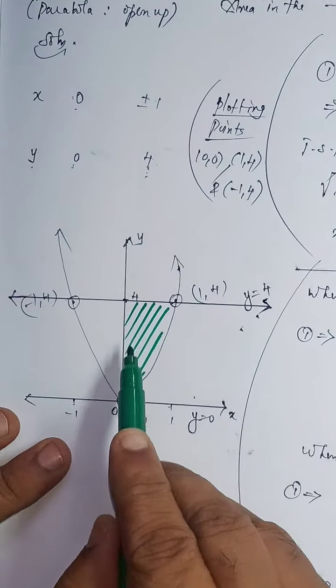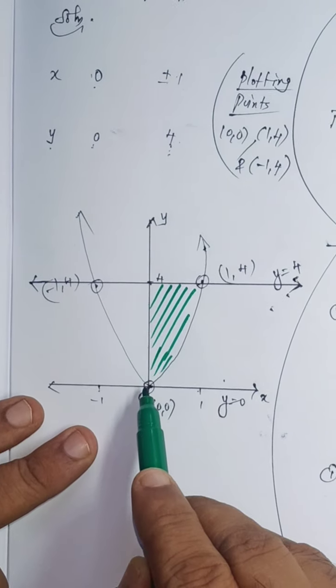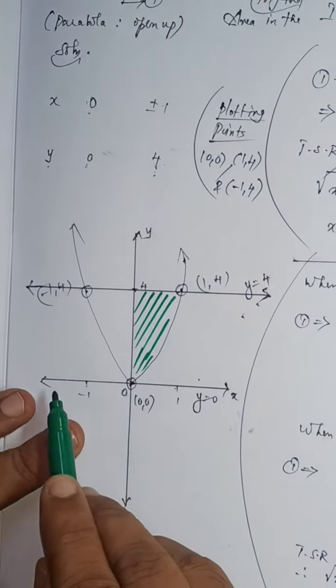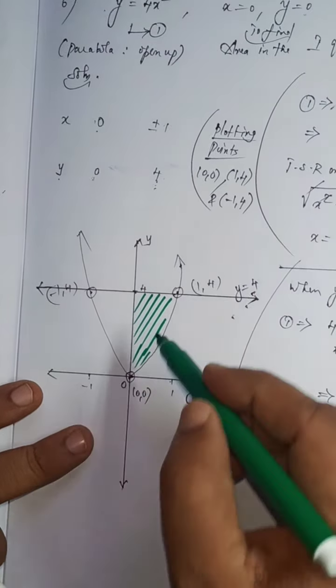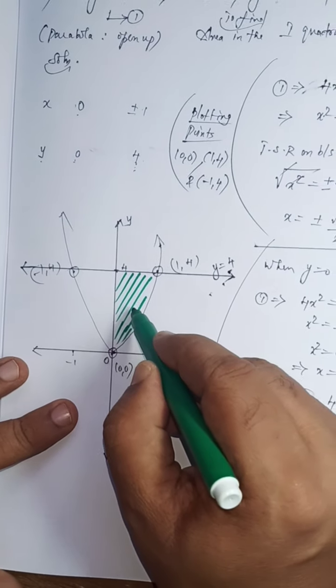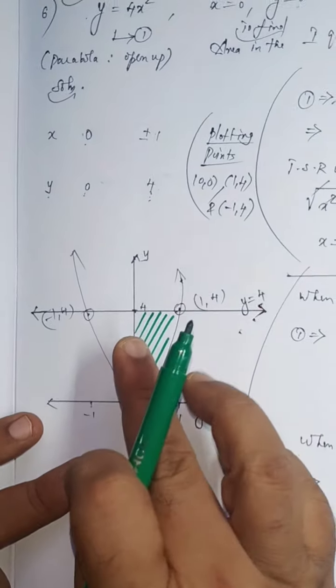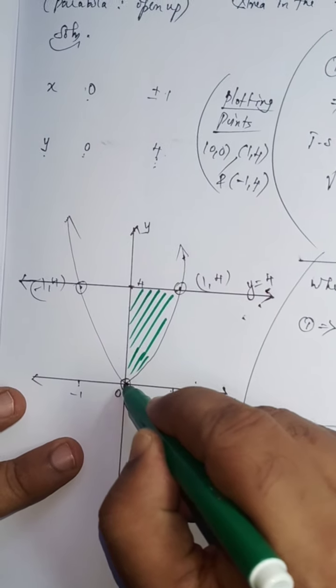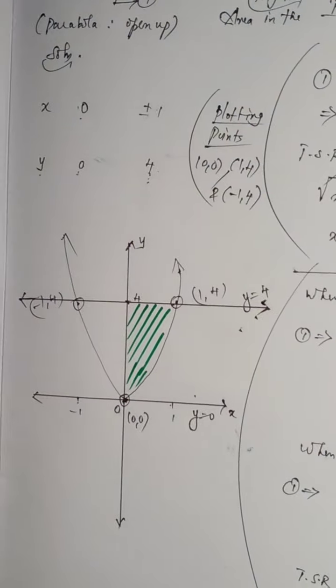In the first quadrant, one side y-axis, one side the given curve, one side y equals 4 and one side y equal to 0. This particular area, the shaded area, lies to the right of y-axis. What about the limits? Starting limit, ending limit, 0 and 4.